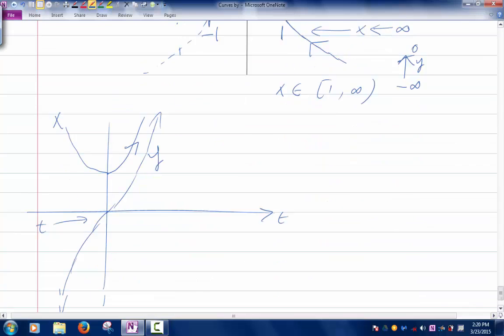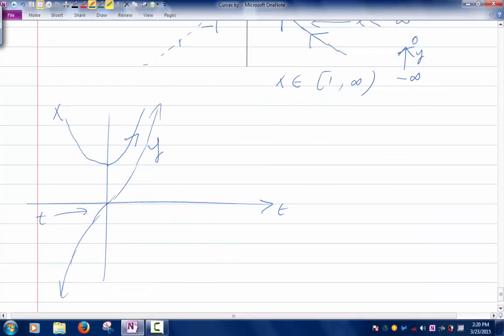Let me tell you what that is. The hyperbolic cosine is this red curve. This height here is 1. That's the hyperbolic cosine. So that's the graph of x as a function of t, right? This is the graph of x of t.